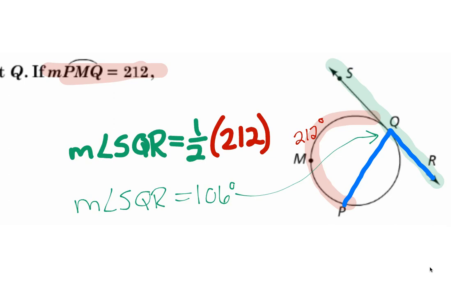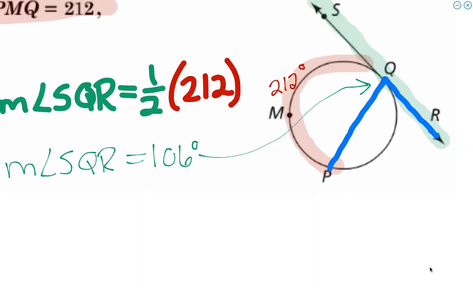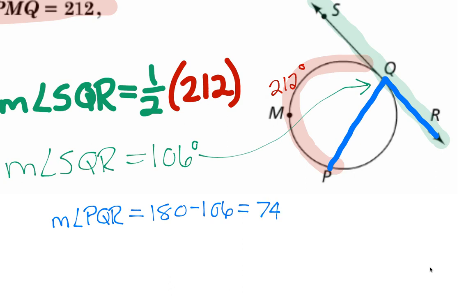And since that blue angle that I have there, PQR, they're a linear pair, so they are supplementary. That means that the measure of angle PQR equals 180 minus 106, which is 74 degrees.